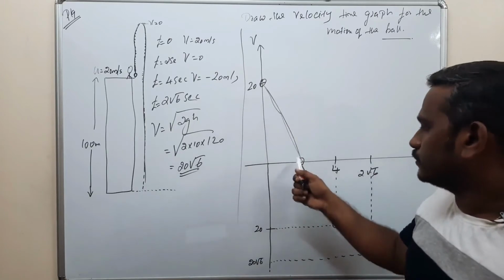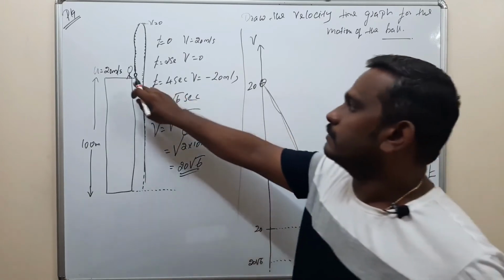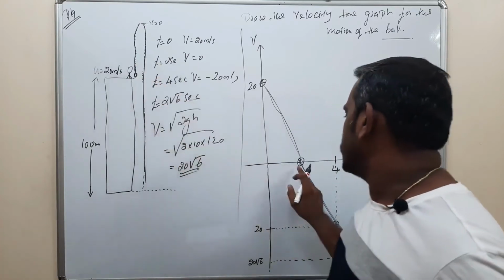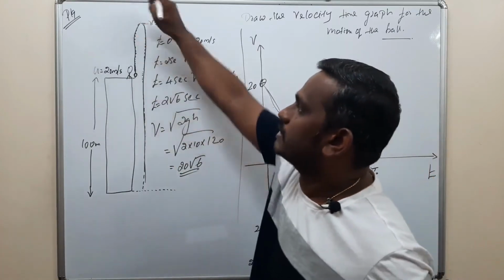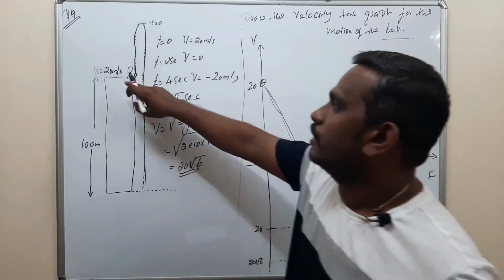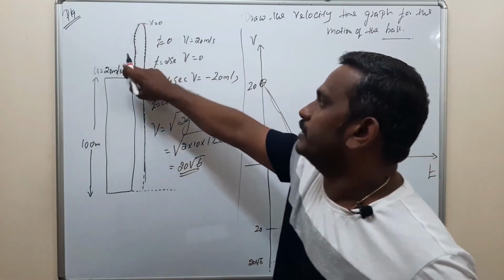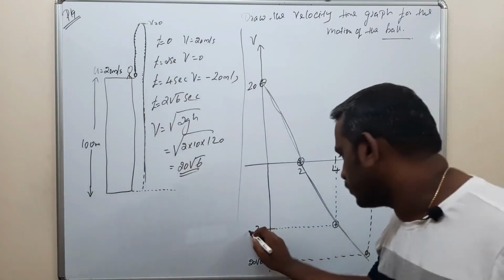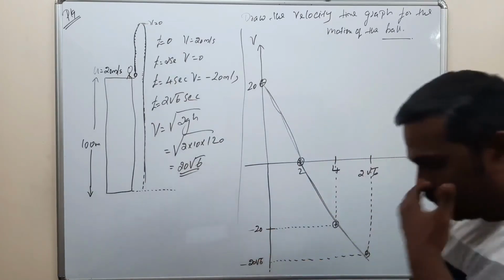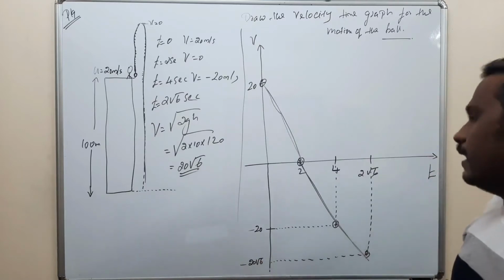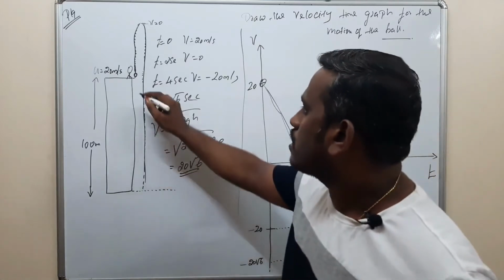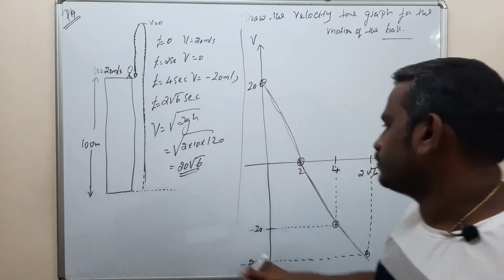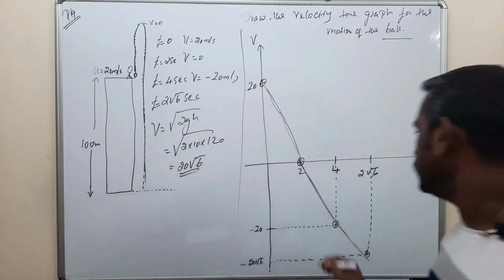At t equals 0 seconds, the ball is projected. At t equals 2 seconds, the ball reaches the maximum height and the velocity becomes 0. Then t equals 4 seconds means the ball returns to the mean position, that is minus 20. Then at t equals 2 root 6, the velocity is minus 20 root 6.